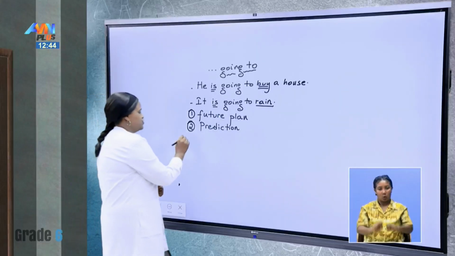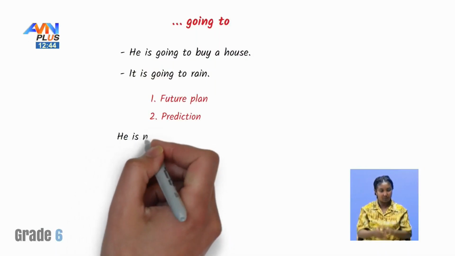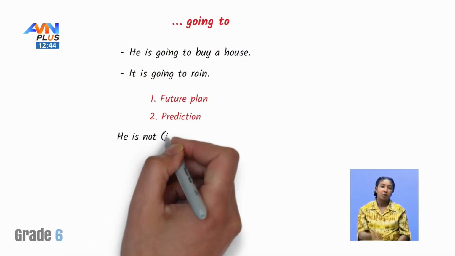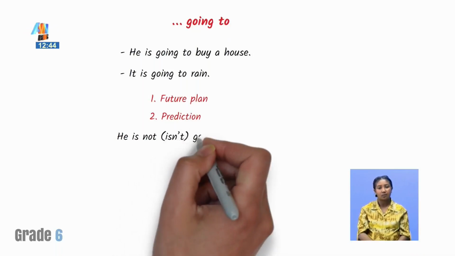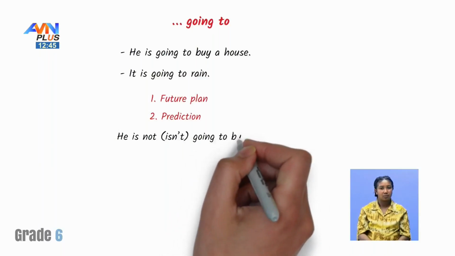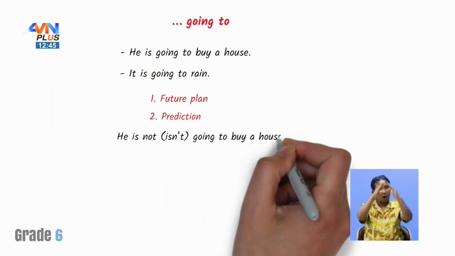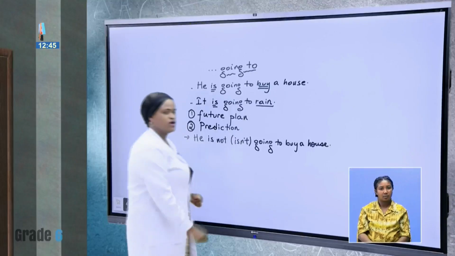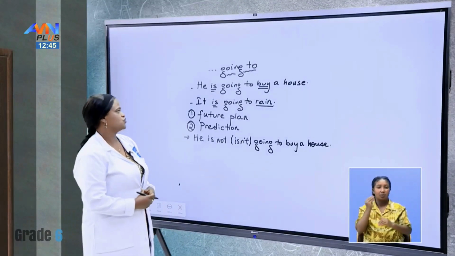Okay, do you say he is not, or he isn't? He isn't going, very good. He is not going to buy a house, or he isn't going to buy a house.